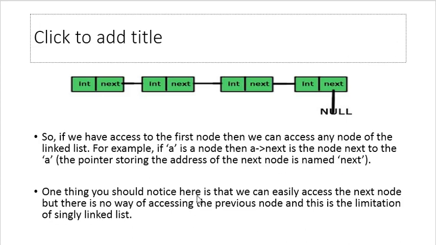One thing you should notice here is that we can easily access the next node, but there is no way of accessing the previous node. This is the limitation of a singly linked list, as you can access the next node but not the previous node. So that's why this is called a linear linked list.